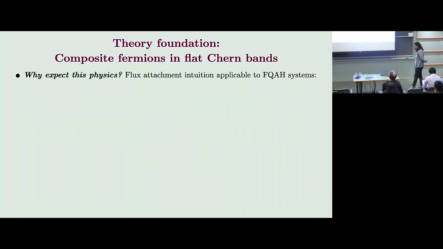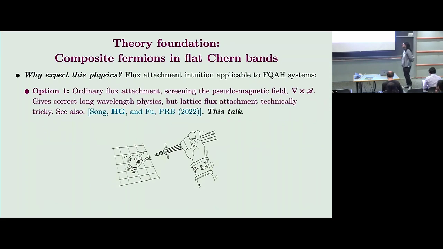All right, so why actually expect this physics? I'm going to argue to you that the intuition for flux attachment is equally applicable to FQAH. One possibility for how to do this is just to naively do ordinary flux attachment. If there's some pseudo-magnetic field in the game, you may think that's very natural.